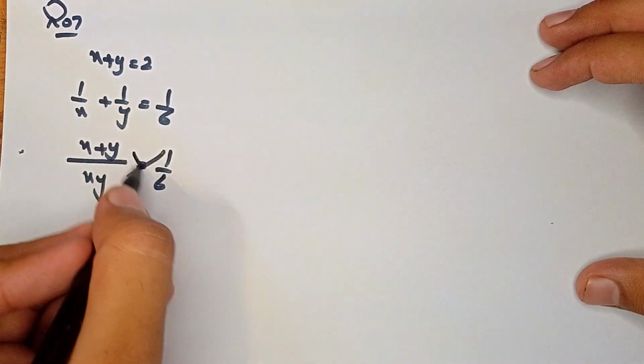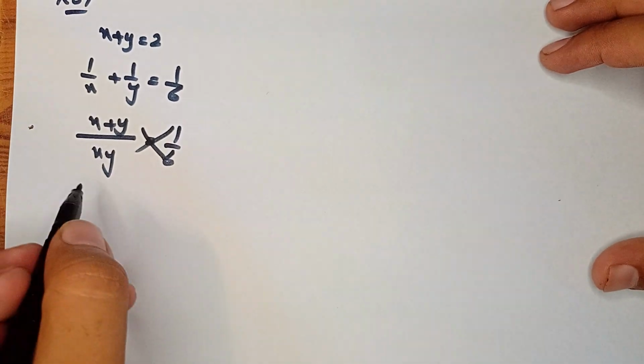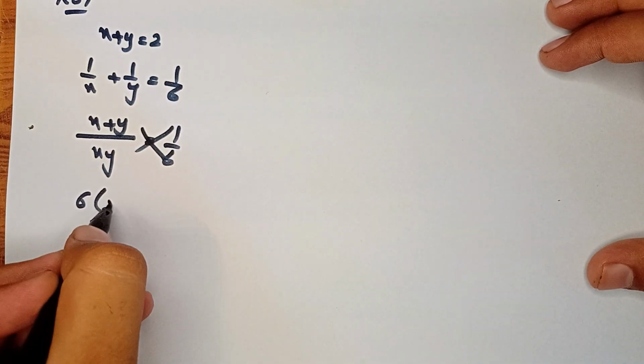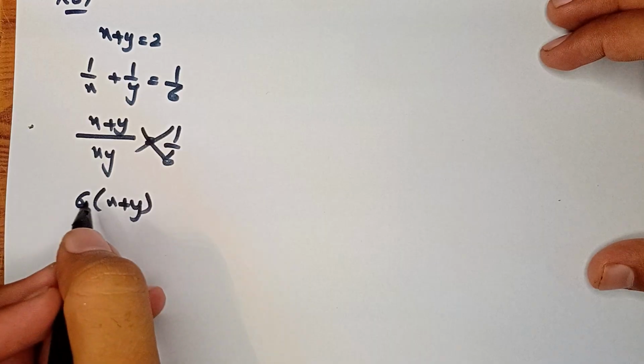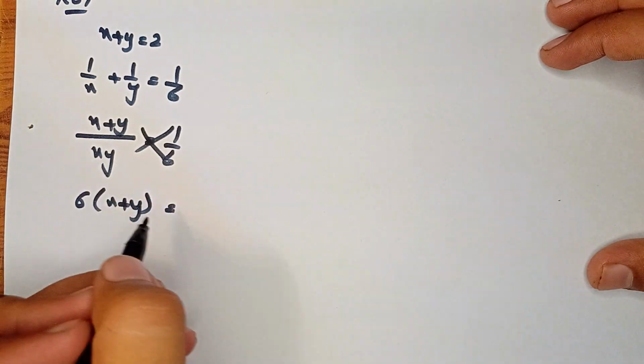This is cross multiplication, in which x multiplied by x1 should be xy.